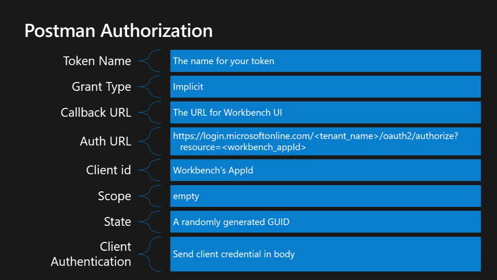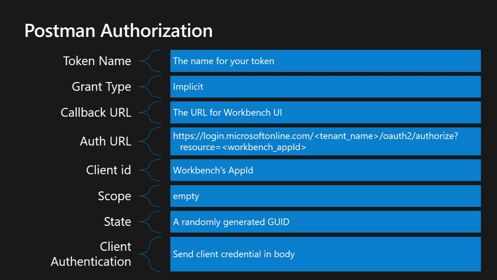Now, if you want to use Postman to explore and test the APIs that are available, you need a number of things. You need a token name, but that's just a name that you can use for your own benefit.